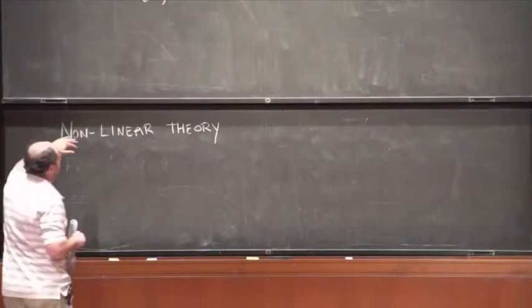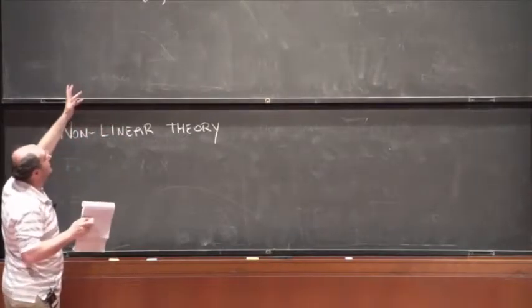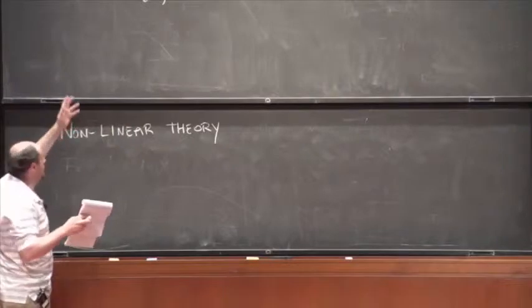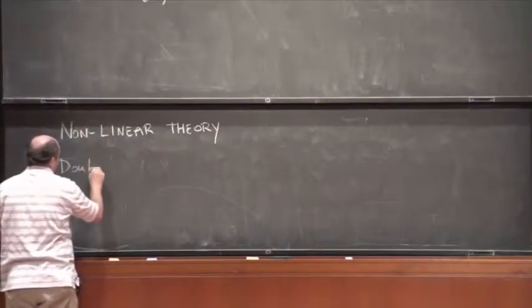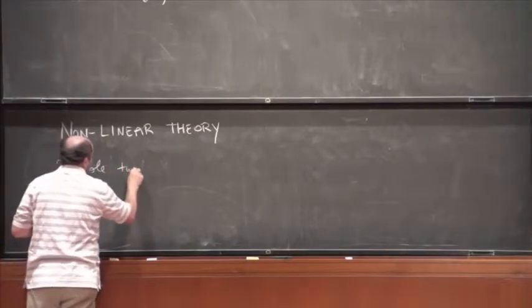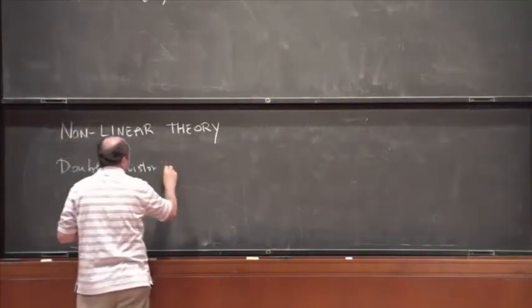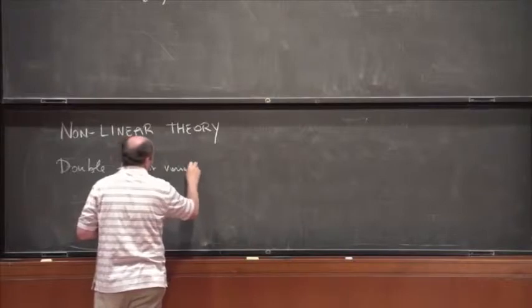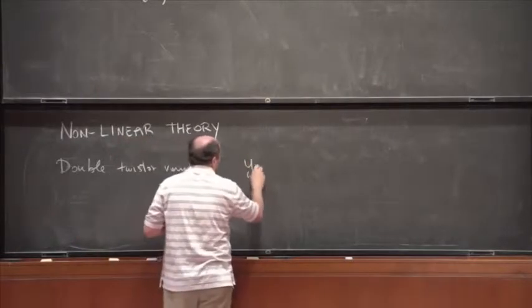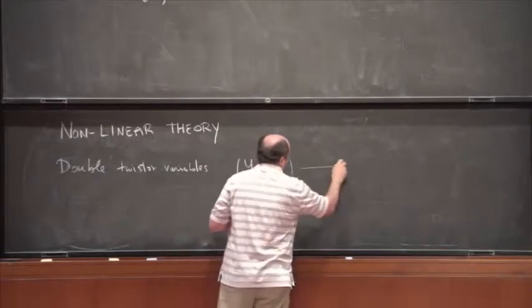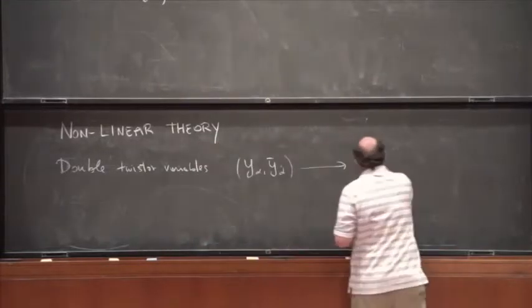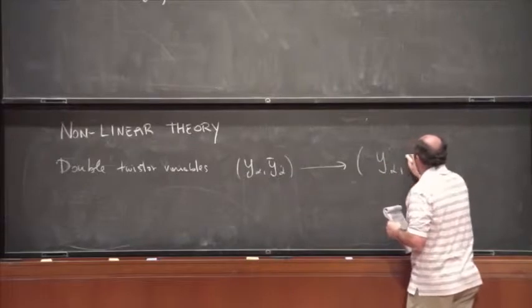He suggests that we should enlarge our space of fields more than this, and first of all, double the twistor variables. So from y and y bar, we enlarge our auxiliary internal space and double it.